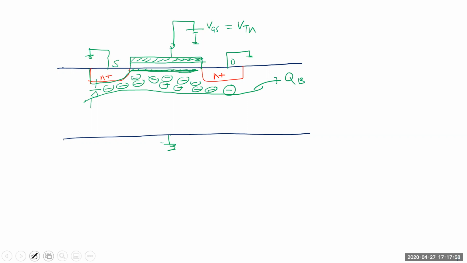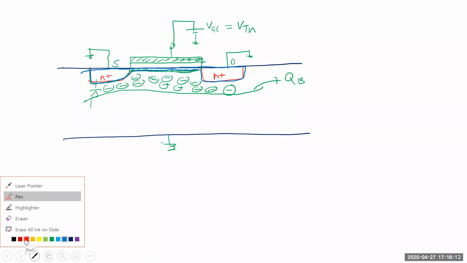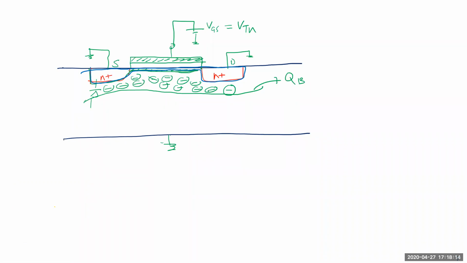Let me choose another color here. So this is the entire N part, and this is your P part. That's why you have this PN junction here, the giant diode. So that's your P part.